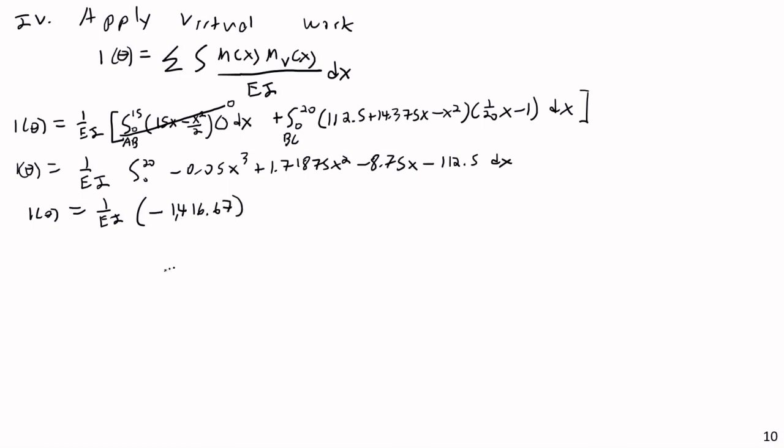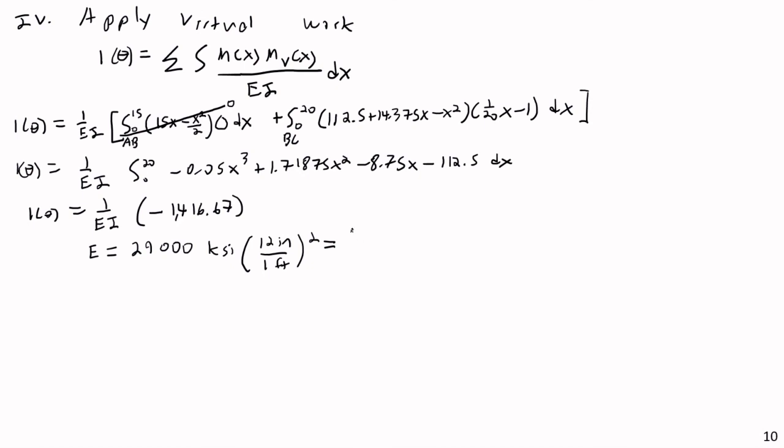This would be in units of kips and feet. I didn't carry the units all the way through for simplicity's sake, but this would be in kip and feet. So now I finally need to resolve my unit conundrum. I didn't do this in inches, so I need to convert my E and my I. E is 29,000 KSI, kips per square inch. I need to convert this to kips per square foot, so I'm going to say 12 inches over 1 foot quantity squared.